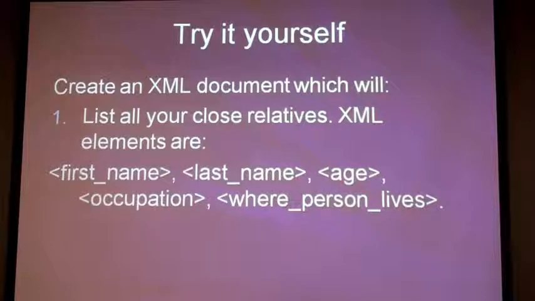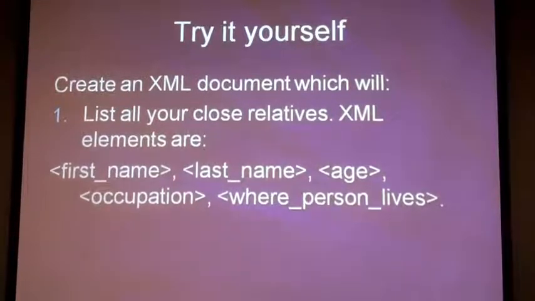And you have to create a document which will contain information about two relatives, not one, but two, okay? So you can do it differently. There is no one right way of doing it. You can do it your own way, but most important is that when you create this document, you should be able to load it in the browser, and you are supposed to see it in the browser. Okay, if there are errors, you should be able to fix them.